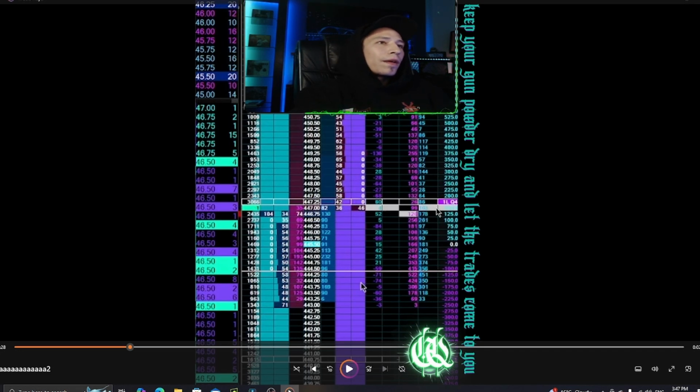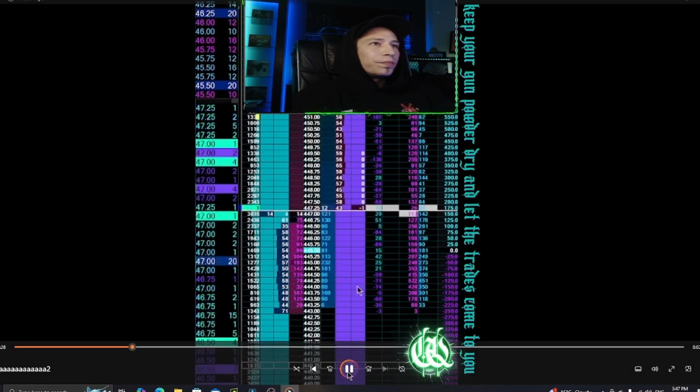And I really like how this plays out because I can scale in and out and maximize profits, but also keep my risk relatively tight. If I'm in 5 contracts and price just reverses on me unexpectedly, I'm not going to be able to click out fast enough, and I'm going to take a huge loss. So this way I can kind of keep scaling in, scaling out, and just moving with the market. So that's kind of the theory or the methodology behind it.